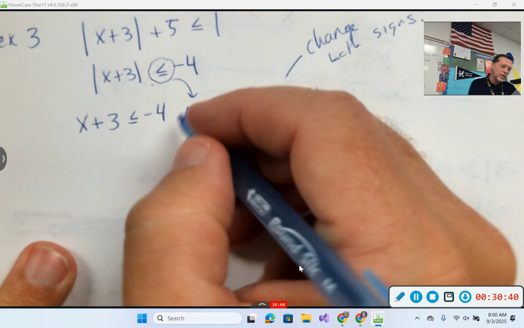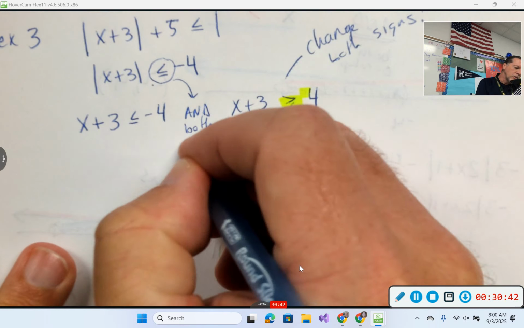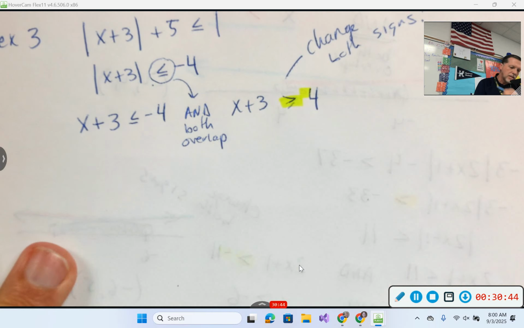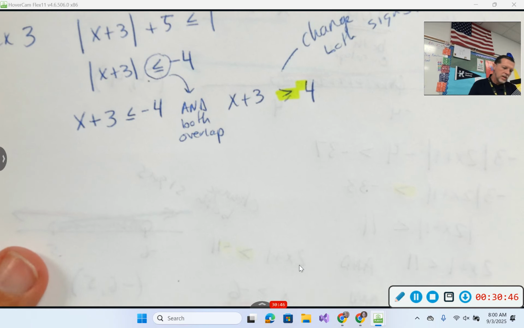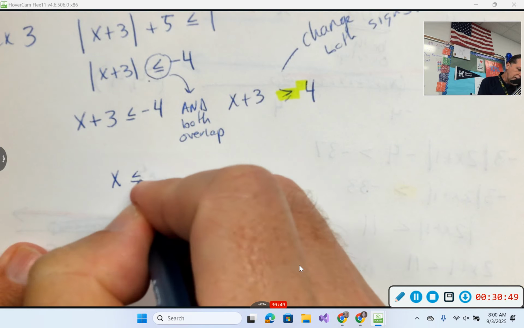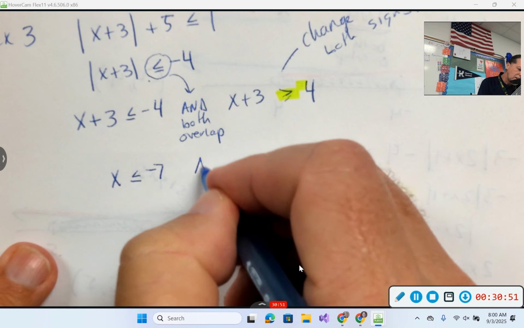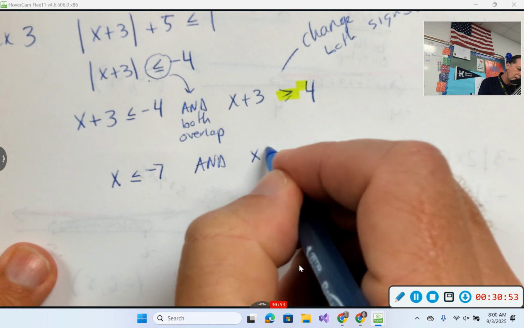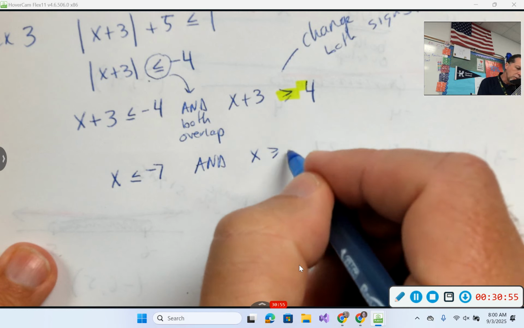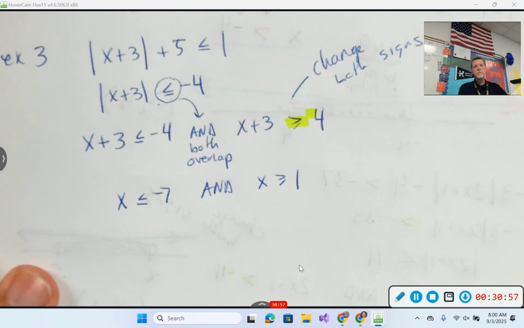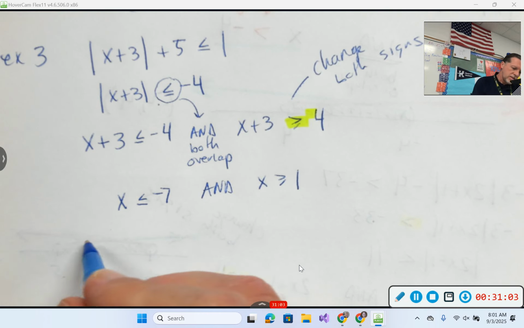So that means I'll be looking for where both things are true, where the overlap happens. So x is less than or equal to -7, and x is greater than or equal to 1. So let's draw the picture, look for the overlap.